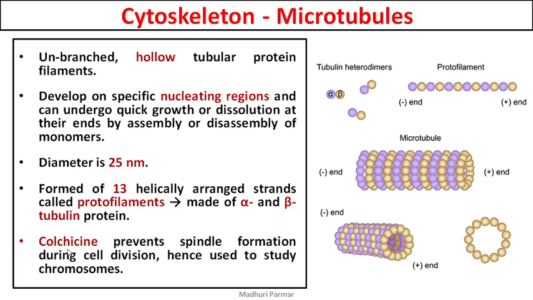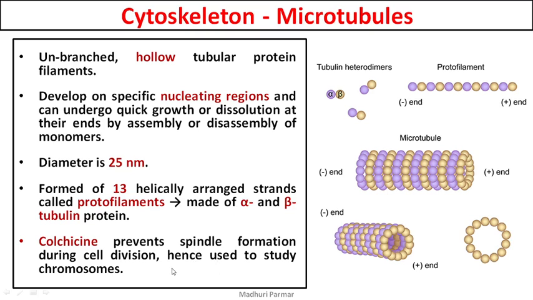Now there is a dye called colchicine. This colchicine prevents spindle formation. It will not allow this positive end to grow. These microtubules are important because they are present as spindle fibers during cell division. So if colchicine is added, the spindle fibers will not form.